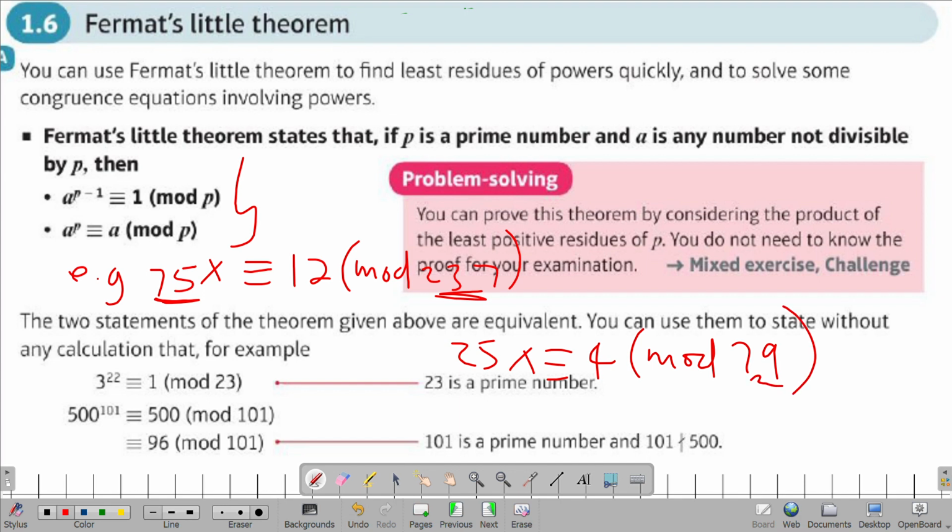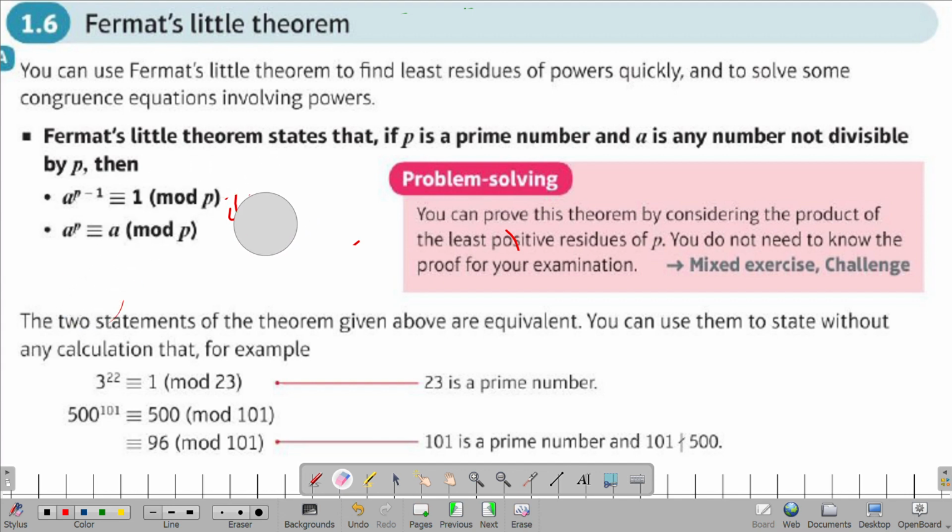Then we can solve it by doing this instead of going through the Bezout algorithm to find the multiplicative inverse of 25, which I believe is 19 in mod 79. This can be summarized by using the Fermat theorem. That's a very, very interesting theorem in mathematics.